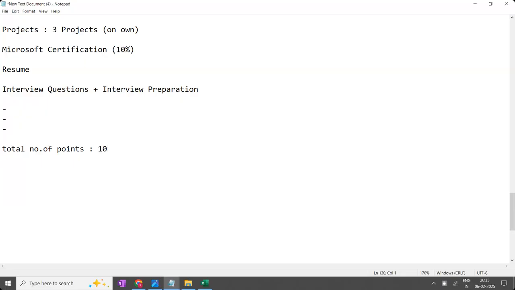Out of 10 points, how many points are relevant to the job? How many points are non-relevant to the job? How many points are relevant to the present job role you have applied for at the company? How many relevant points are there? How many non-relevant points are there? My name is this one.